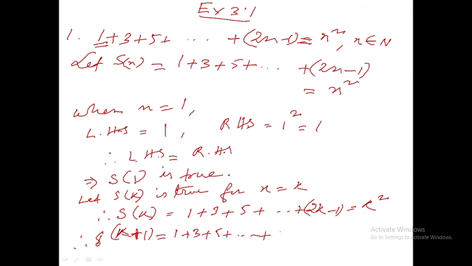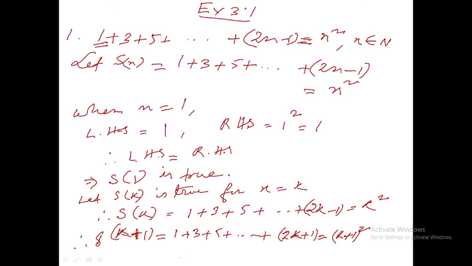The last number will be 2k plus 1, and the previous number will be 2k minus 1. If we simplify, you will get equals (k plus 1) whole square.